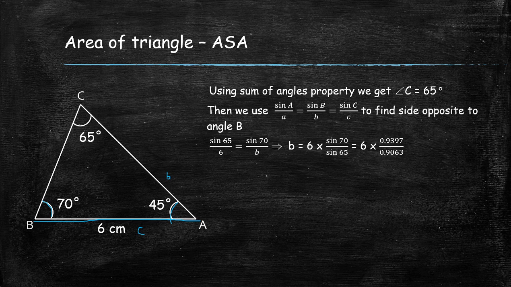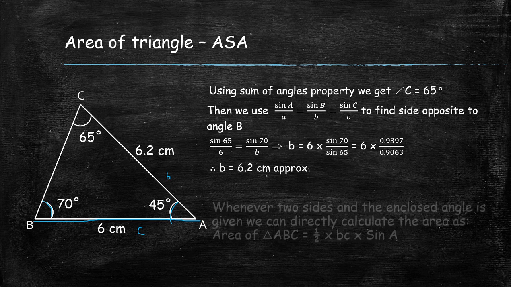If we transpose, we get b as 6 into sine 70 by sine 65, equal to 6 into 0.9397 upon 0.9063. We get b as 6.2 centimeter approx.